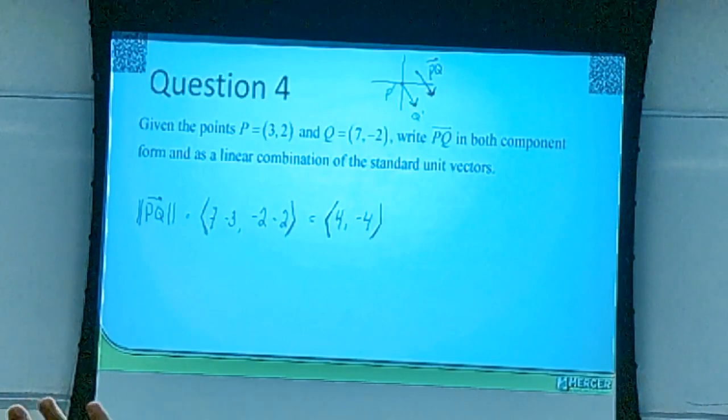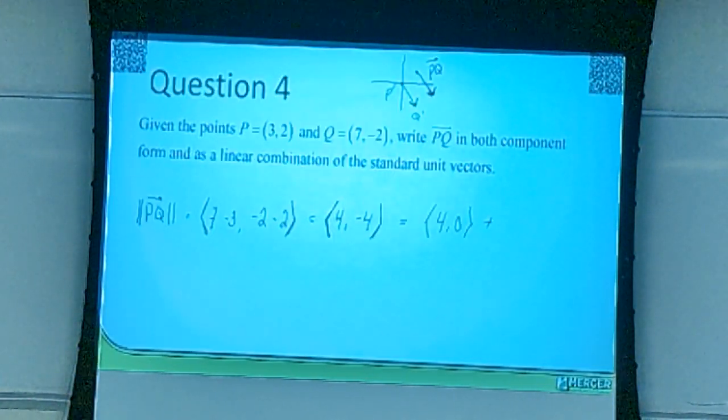And again, I'm just going to break it down, writing into the standard unit vector notation. I'll only do it once. But the general idea is you want to split this up. Right, you're allowed to do that, sum of vectors.